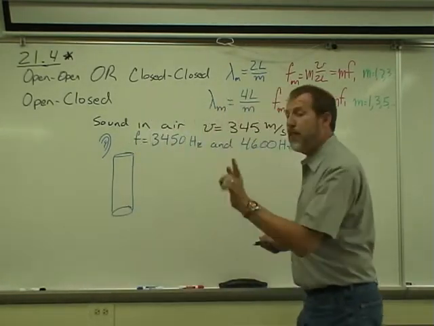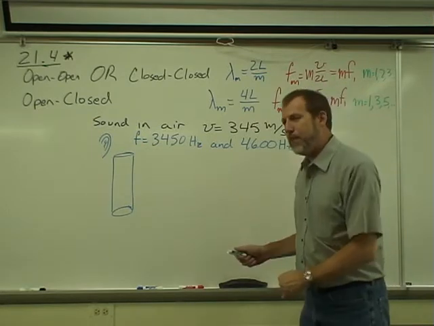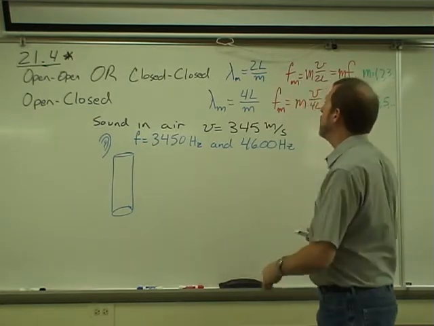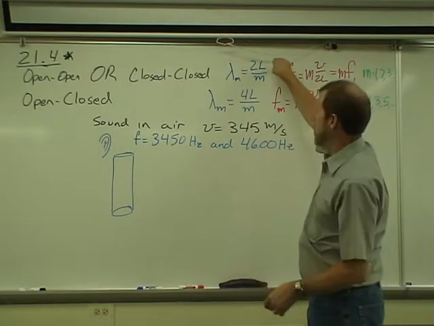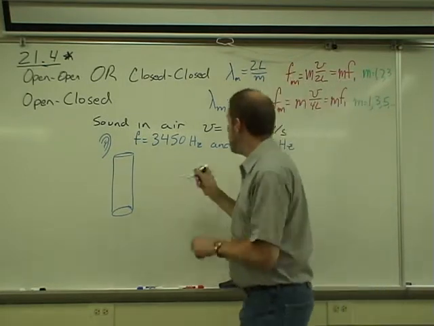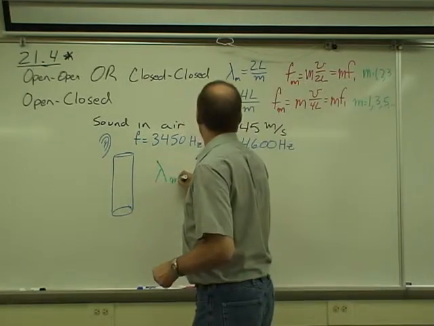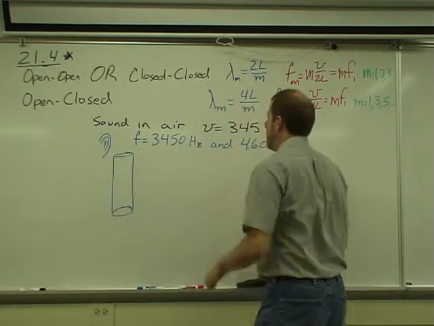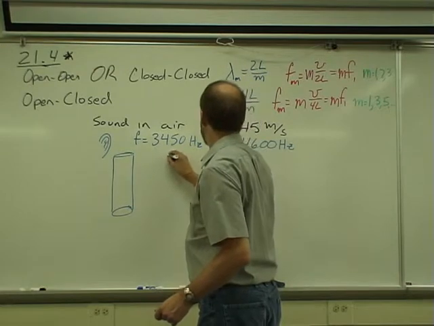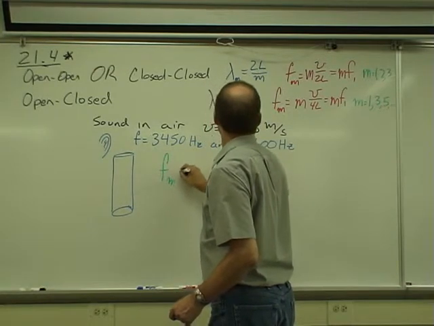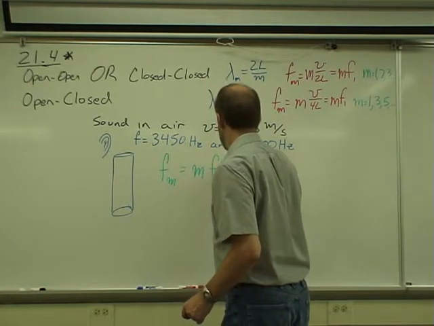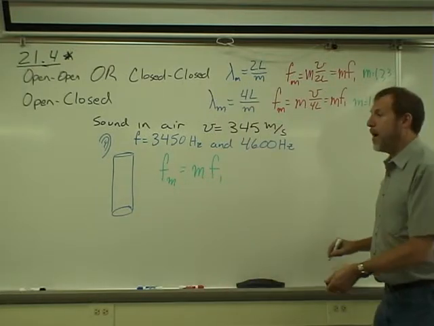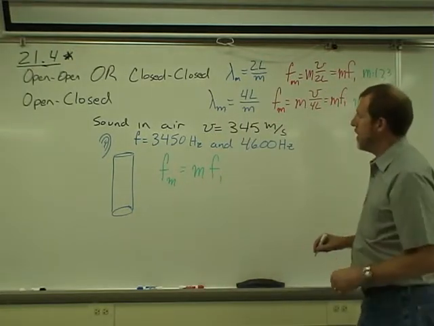Now, what this is telling us is that they're the same wave, sound, in the same substance, air, in the same tube. So they both fit, open at both ends, meaning these two frequencies are each some integer times some base frequency.